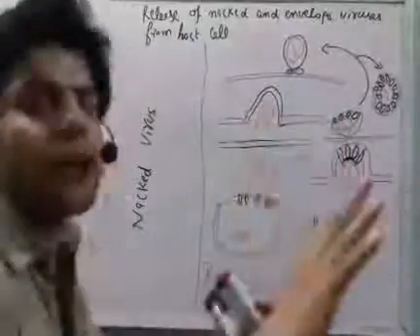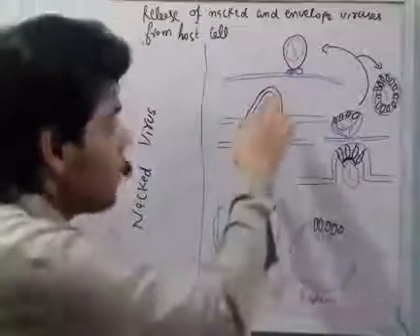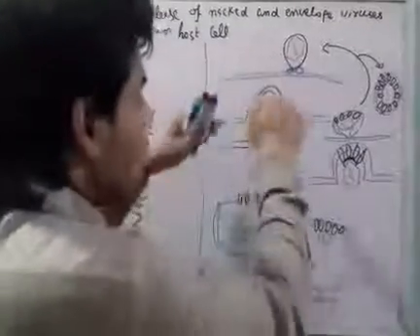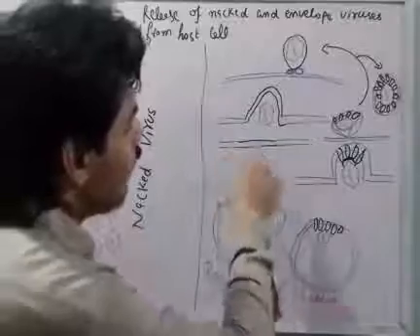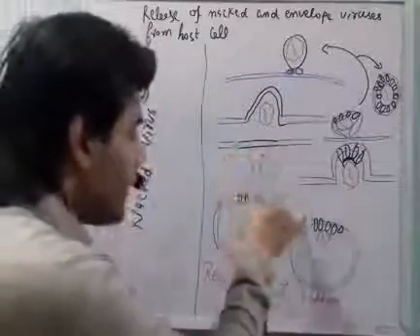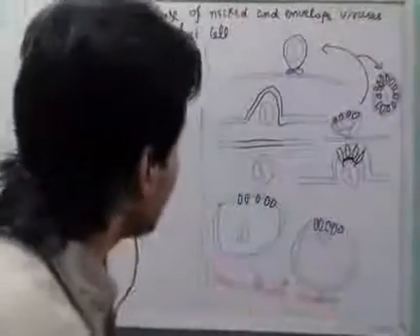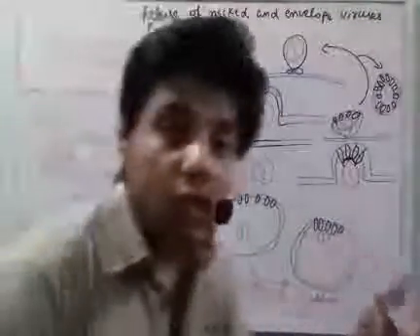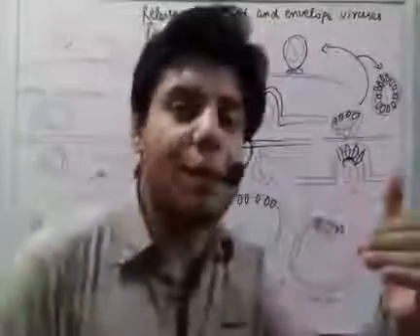As I already discussed this, go back and watch that video. So this will be fused with the membrane of the host cell. When they fuse, the envelope area will remain outside while the virus enters, and they just release their genetic material. After the genetic material, they also release some protein, and this protein will link to the host cell membrane.